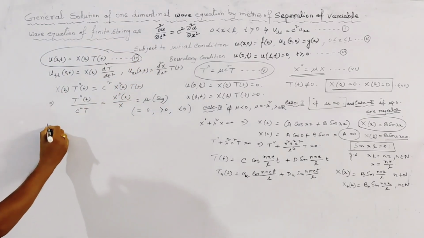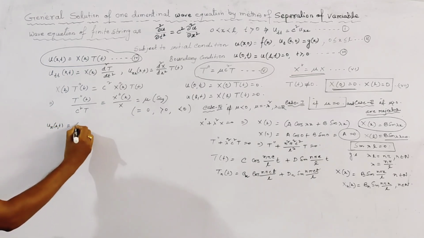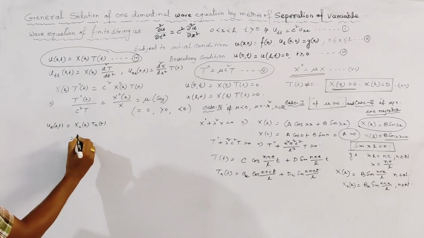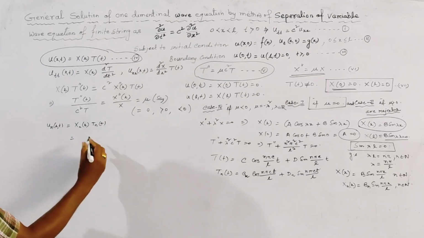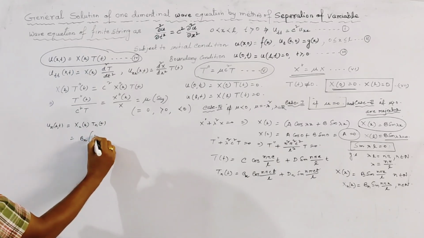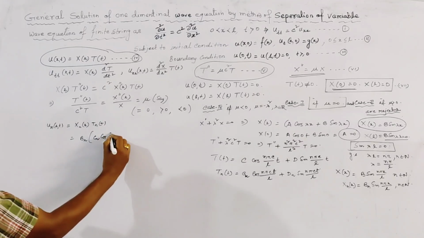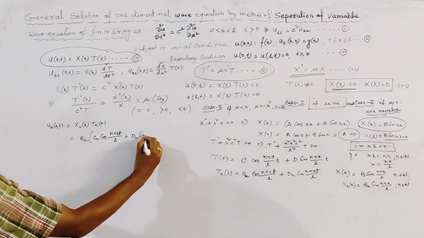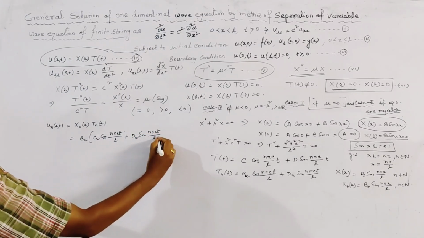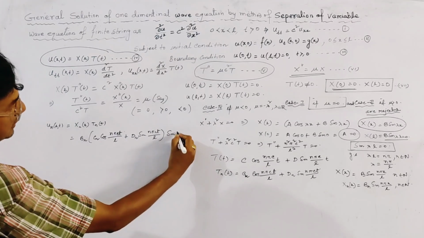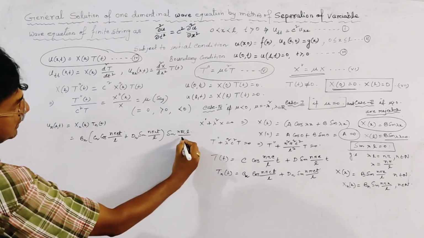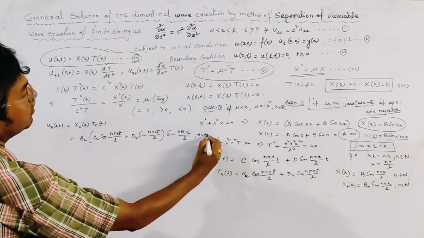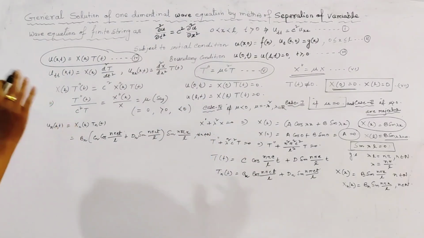We write it as u_n(x,t) equal to X_n(x) and T_n(t). Multiplying X_n(x) and T_n(t), we get b_n into (c_n cos(n pi c t by L) plus d_n sin(n pi c t by L)) into sin(n pi x by L), and this is for all n belongs to capital N.